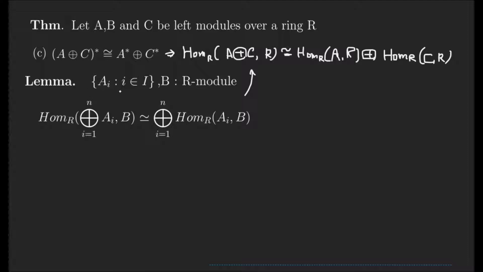If A_i, i in an index set, are R-modules, and B is also an R-module, then this is isomorphic to this. But this is only satisfied for a finite index. So if we prove the statement for n equal to 2 and B equal to R, our proof is finished.